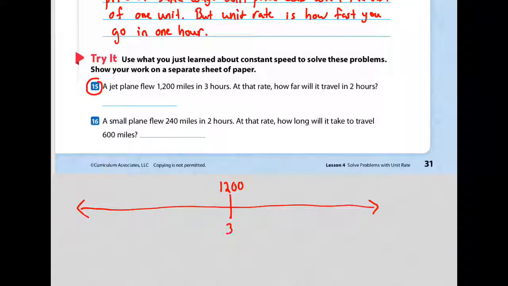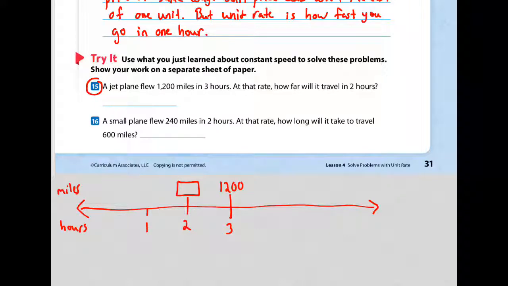Now I'm going to label up here miles and hours. They also give me how far will it travel in 2 hours, so this is what I have to figure out. But the first thing I'm going to do is figure out 1 hour.